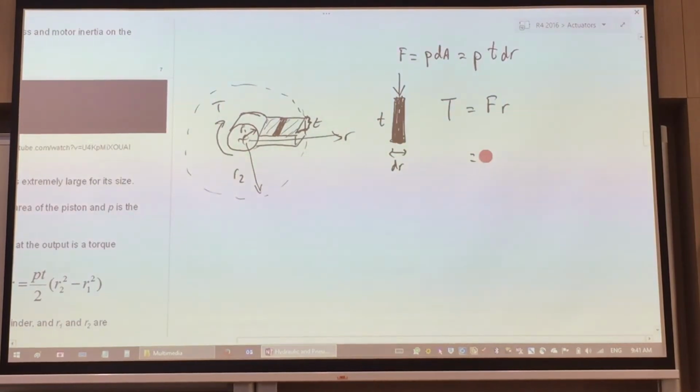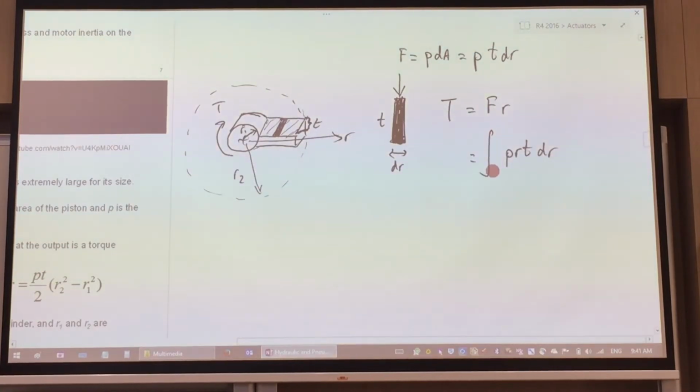So in my case, I will have force here, that's going to be P T dr, and then I have my radius that I put in here. And I'm going to integrate this from R1 to R2, so that I cover this entire shaded surface. Let me solve that. PT is a constant, so I'll bring it up.